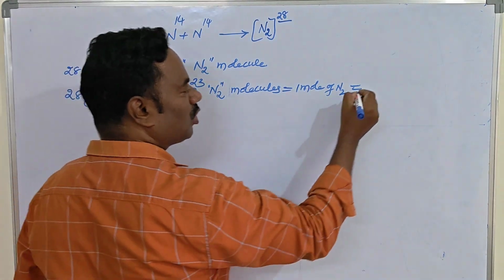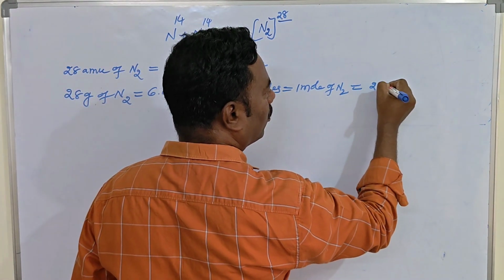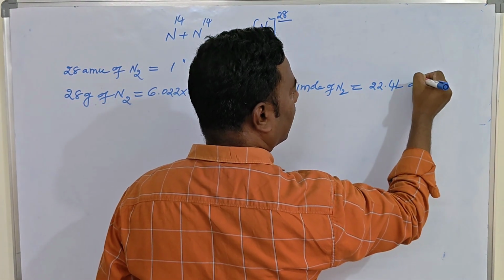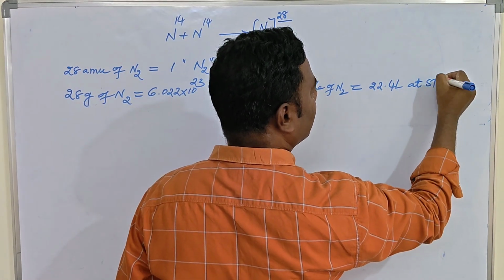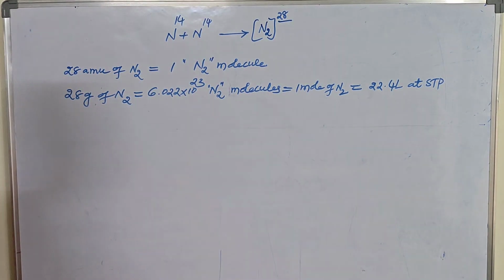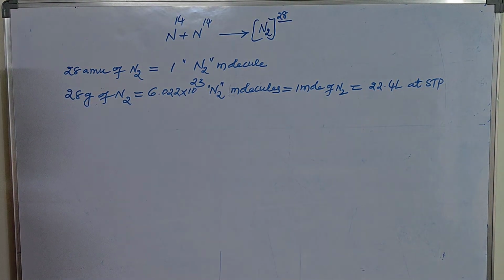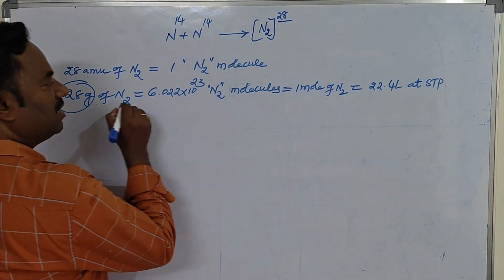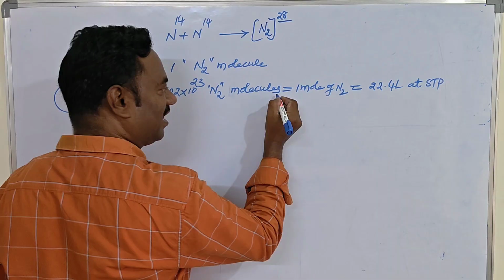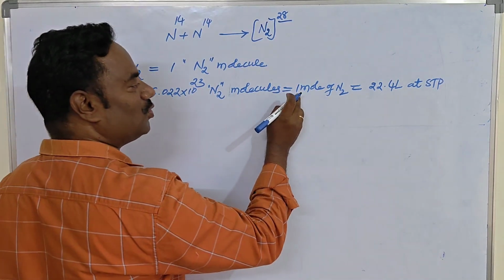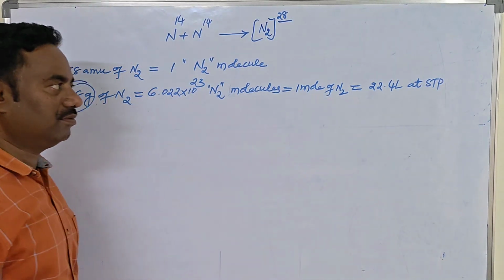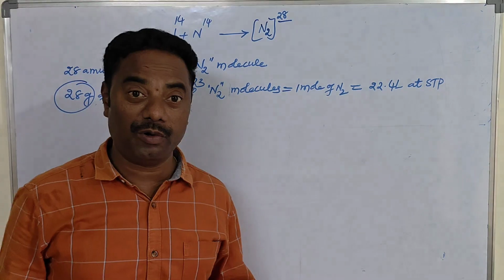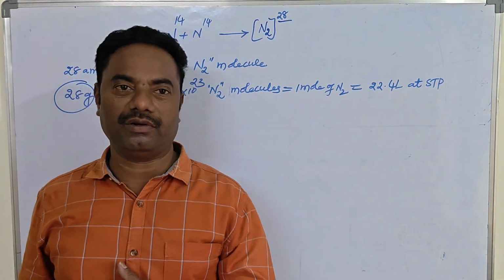It is a gas which occupies 22.4 liters at STP. Okay. This is the amount of substance which contains Avogadro number of particles, so that it is equals to 1 mole of N2.